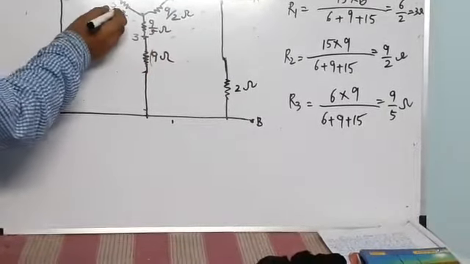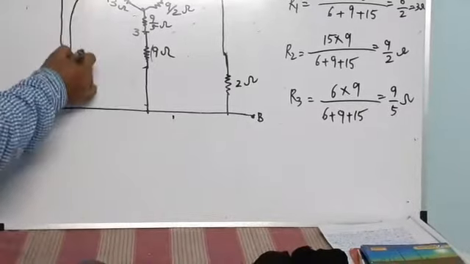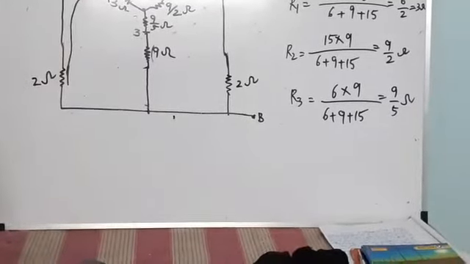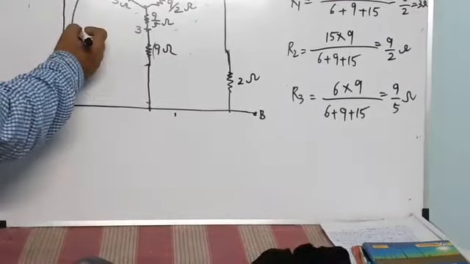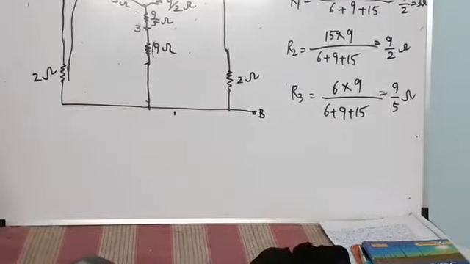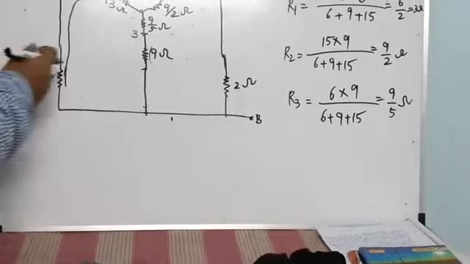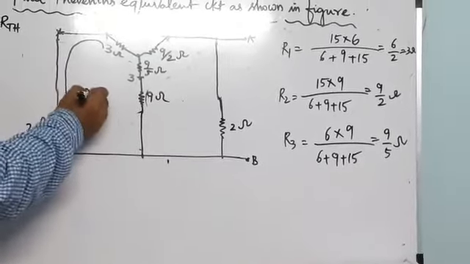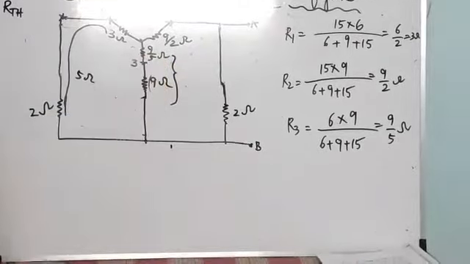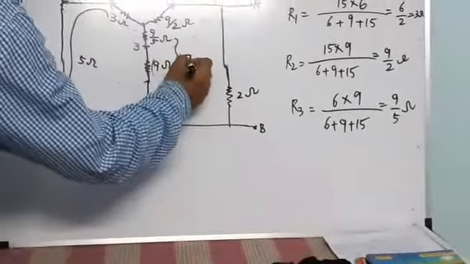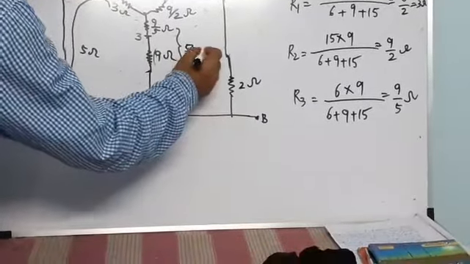Now these two are connected in series. This series value is 3 plus 2, it becomes 5 ohms. And 9 by 5 plus 9 becomes 54 by 5 ohms.